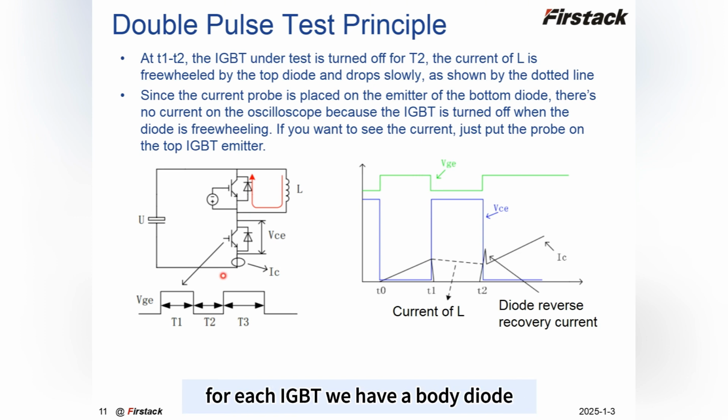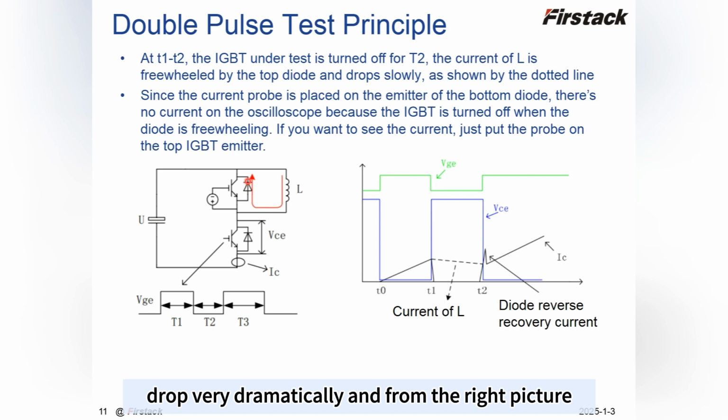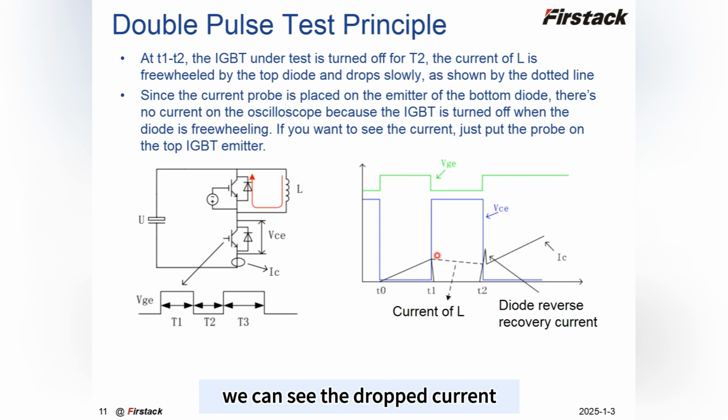As we know, for each IGBT, we have a corresponding body diode in the module. The inductor and diode circuit also has a low impedance. Therefore, the current will drop slowly, but it won't drop very dramatically. From the right picture, we can see the dropped current, shown as this dotted line.